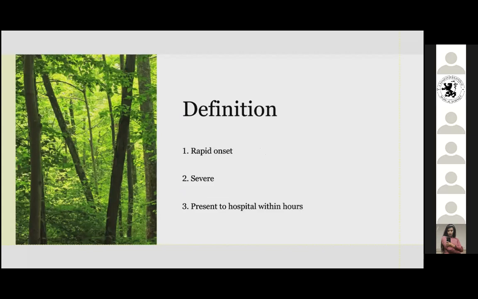So I'm quite keen on learning definitions. I think this is very useful, both in terms of your communication with patients and also with your colleagues. So just for example, often patients come to hospital having already seen a doctor in the community, or they will have spoken to a paramedic if they came by ambulance.